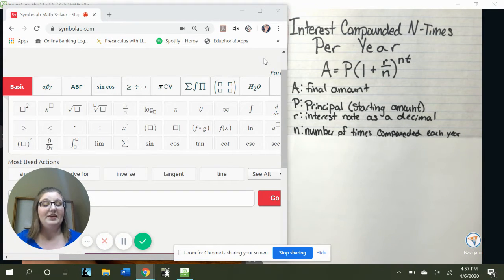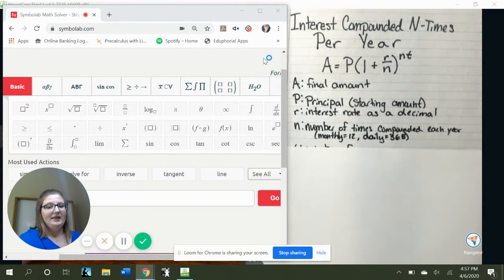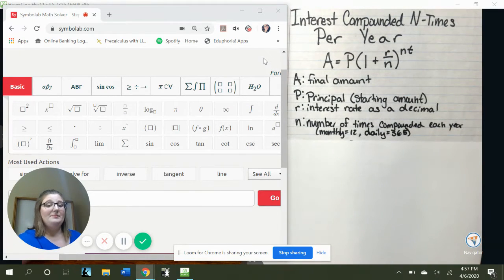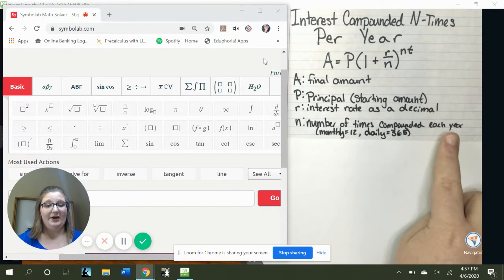When you're looking at problems, it will actually say something like compounded monthly or compounded daily. So for example, if you had a problem that said the interest was compounded monthly, we have to figure out how many times that happens in 1 year.